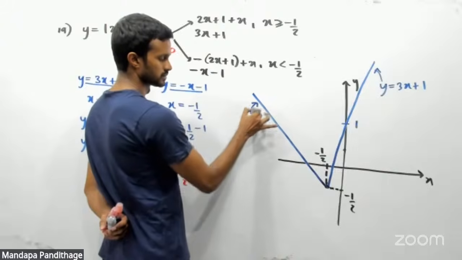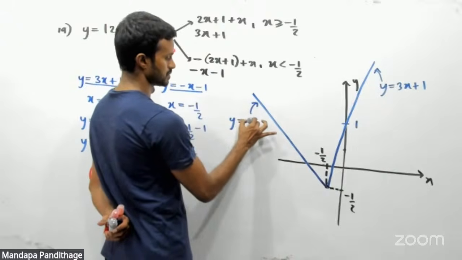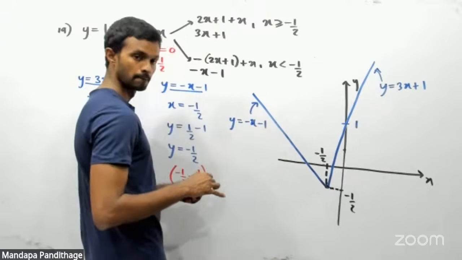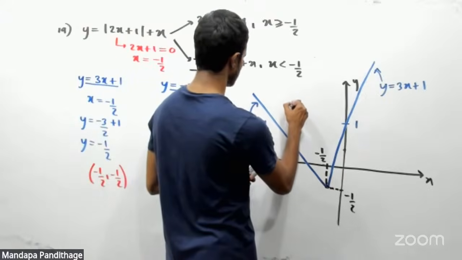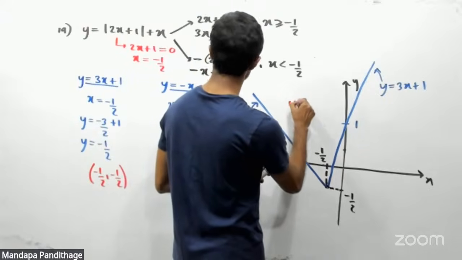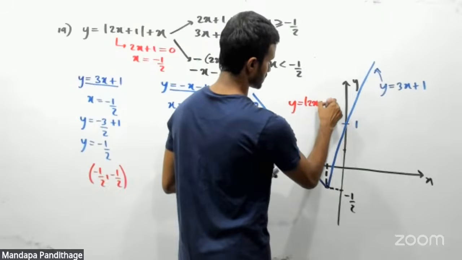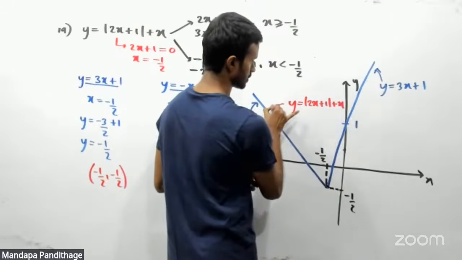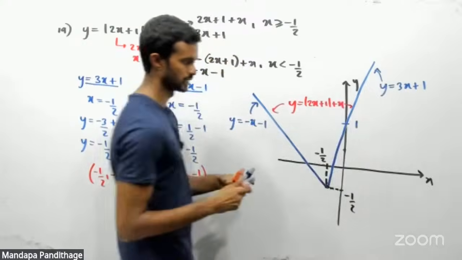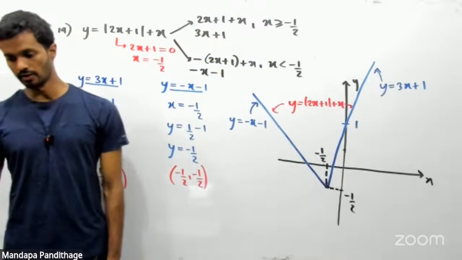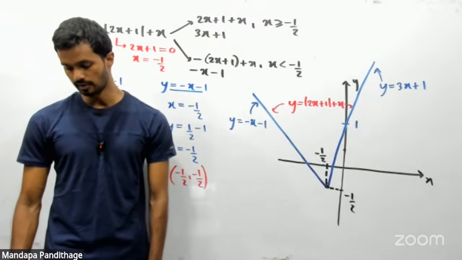This is y equals minus x minus 1, which means this is the graph of y equals modulus 2x plus 1 plus x. Clear? Okay, so we have done all these types of modulus graphs.